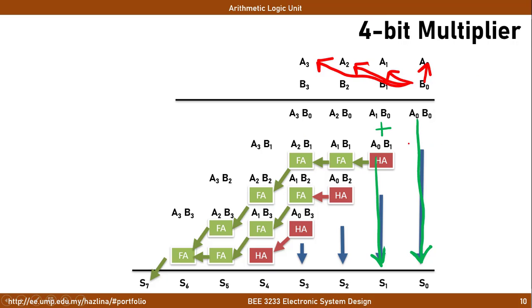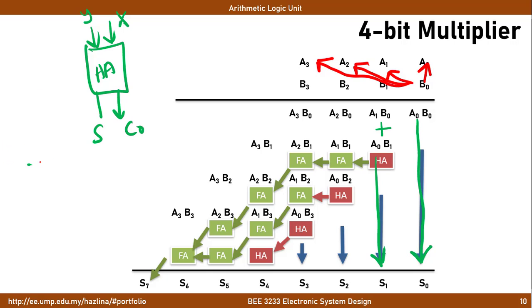Now, there are instances in which you can use a half adder. Remember, a half adder only has the properties X, Y, carry out, and sum. Whereas for a full adder circuit, you will have X, Y, and also carry in as the input.